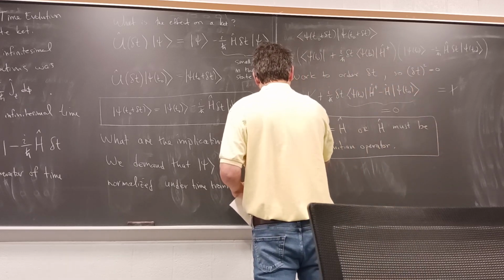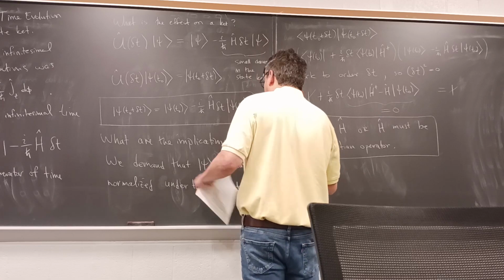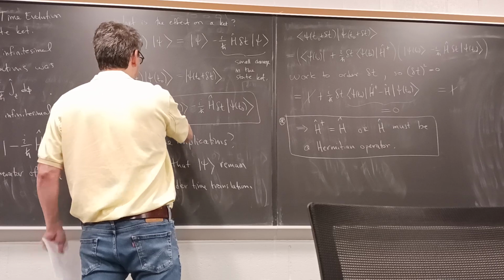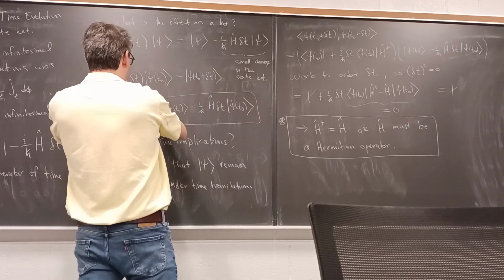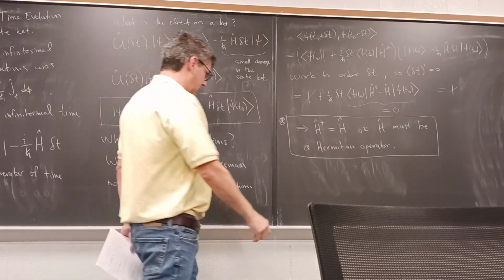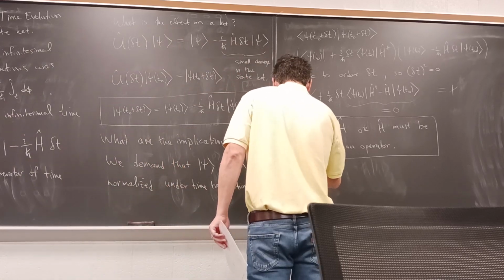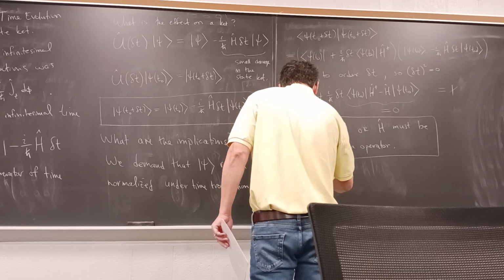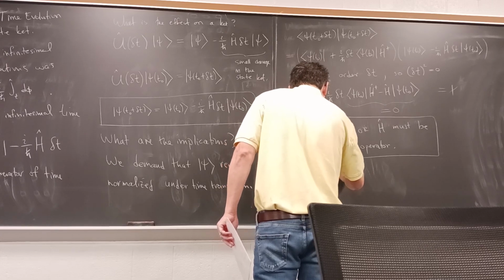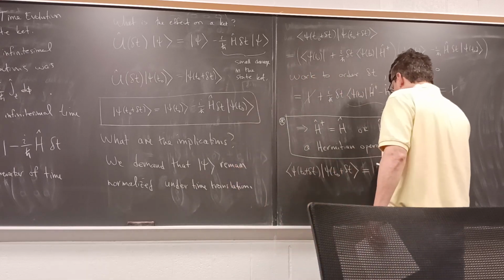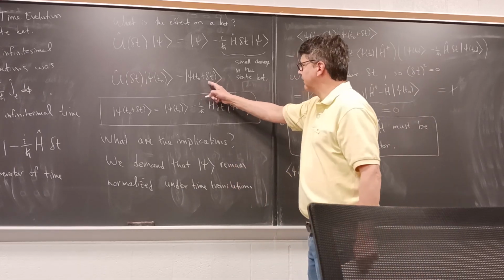Now the second one is to just look at this equation. So this is the same state ket here, t0 plus delta t. So if we take psi at t0 plus delta t, it's also equal to, I can just use this equation here.